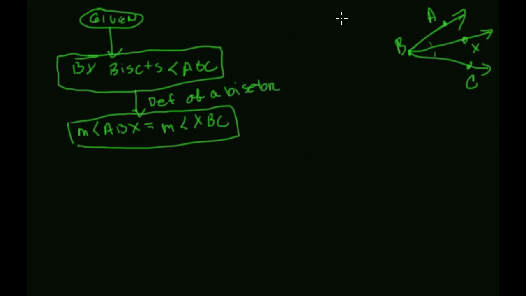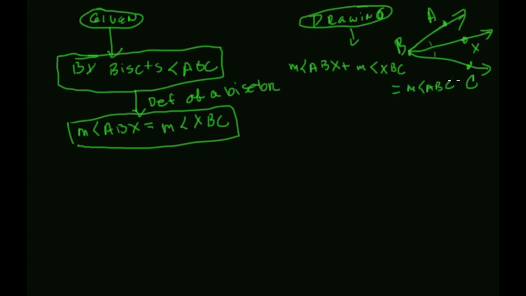All right, so another source of information that I can have is the drawing. Right? So from the drawing itself, I can draw a conclusion. I can say that the measure of angle ABX plus the measure of angle XBC is equal to the measure of angle ABC.